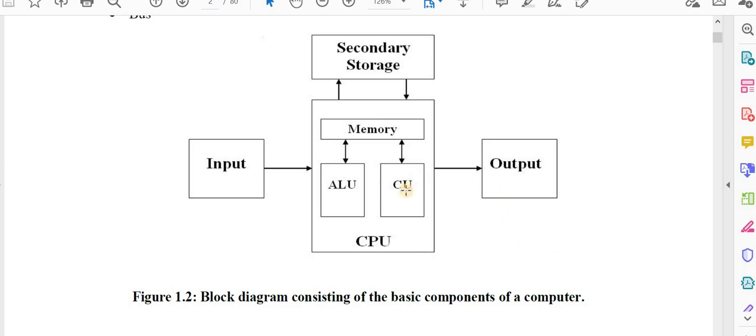Okay. Then what is CU or control unit? The control unit controls all the activities or operations which are performed inside the computer system. It receives instructions or information directly from the main memory. So this is a bidirectional arrow. It receives the instruction or information directly from the main memory of the computer.